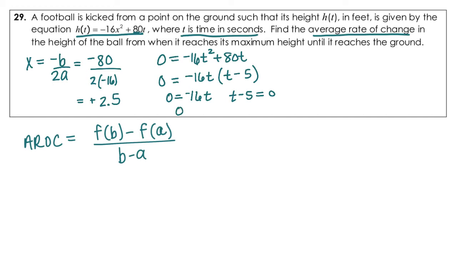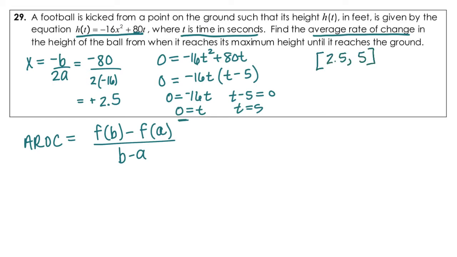At time t equals 0, that's the beginning, and at t equals 5, that's the ending. So now you have your interval, from 2.5 to 5. That's the time frame you're looking for.